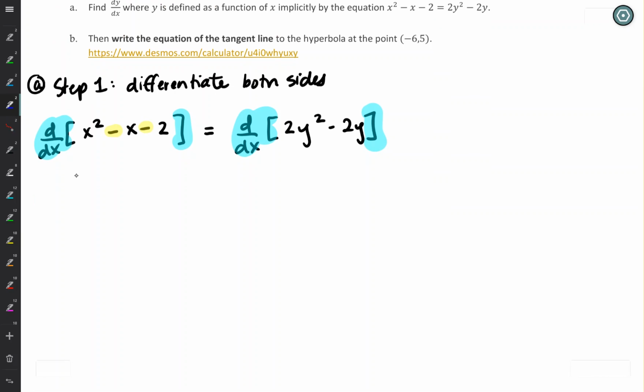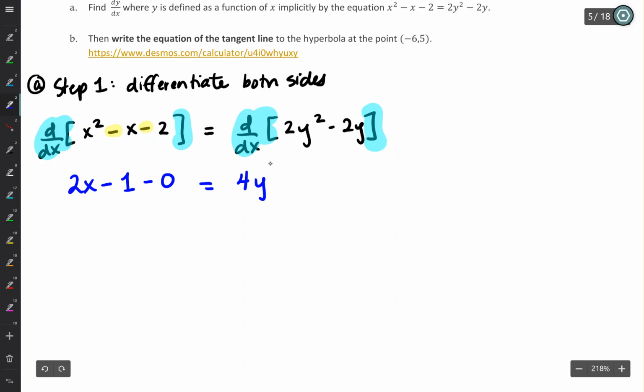The derivative of x squared is 2x, minus the derivative of x is 1, minus the derivative of 2 is 0. The derivative of 2y squared is going to be 2 times 2, which is 4, y to the power of 1, chain rule.